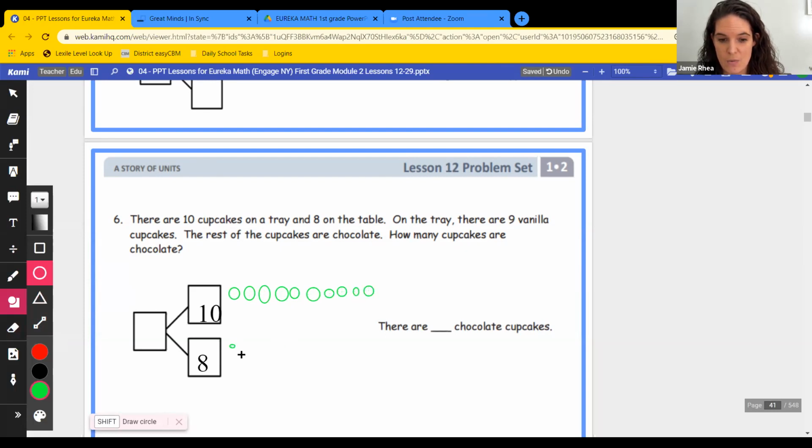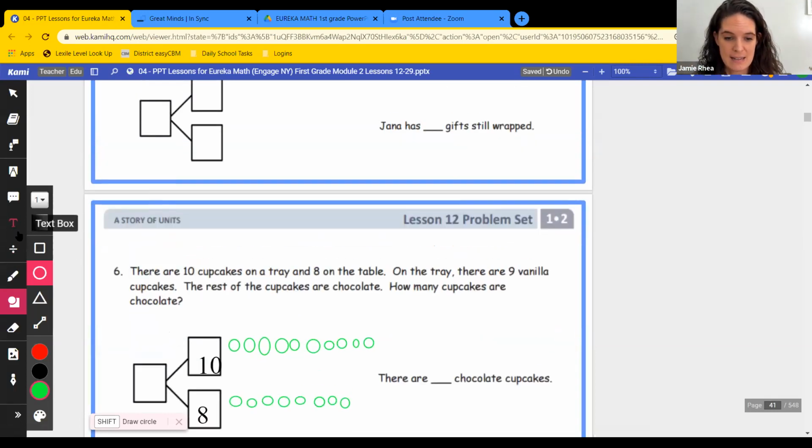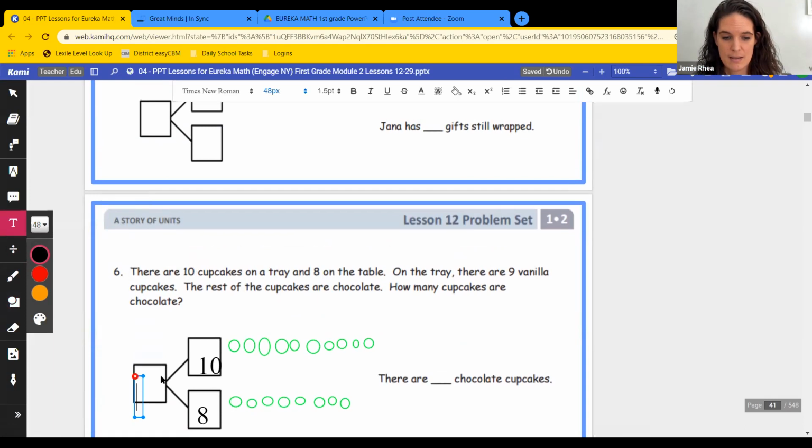I'll draw 8. 1, 2, 3, 4, 5, 6, 7, 8. Now, do I know how many I have all together if I have 10 and 8? I have 10 cupcakes on a tray and 8 on the table. Together I have 18 cupcakes. So I can write 18 in this box.